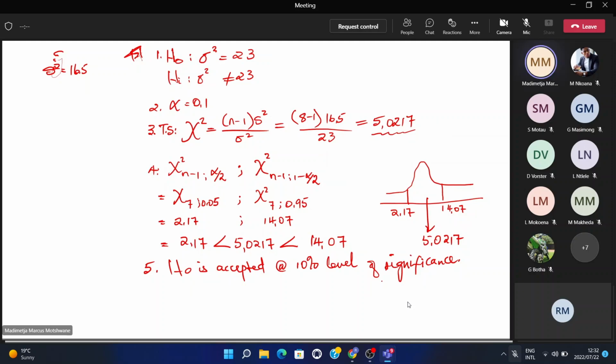Now remember, the other day when we were doing this in class, we used a one-sided test, and step number 4 was a bit different from what you're having. You must be very careful with this one.